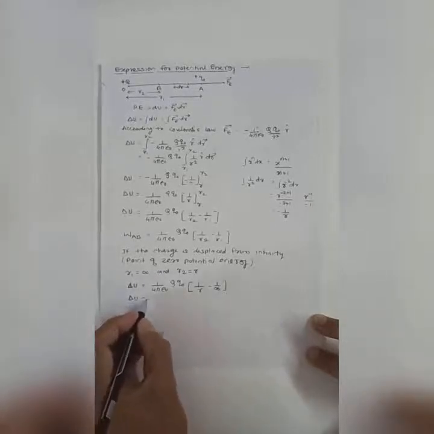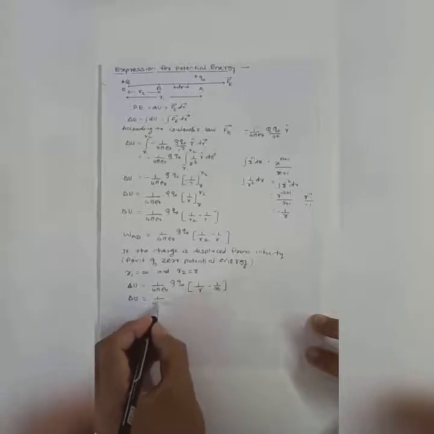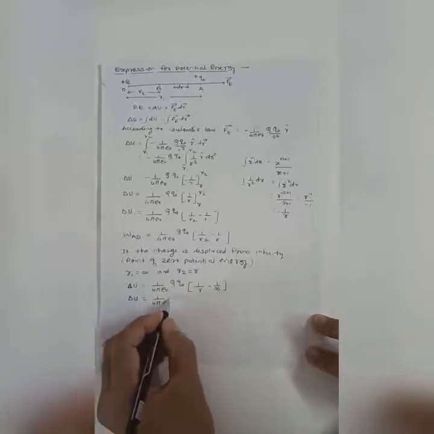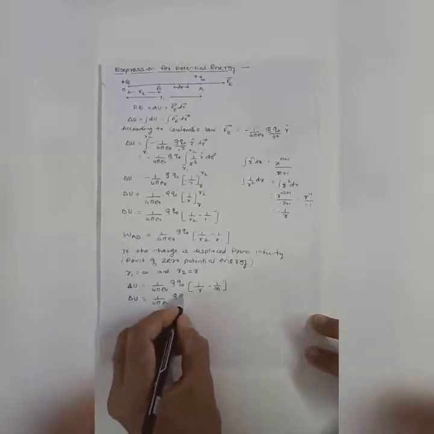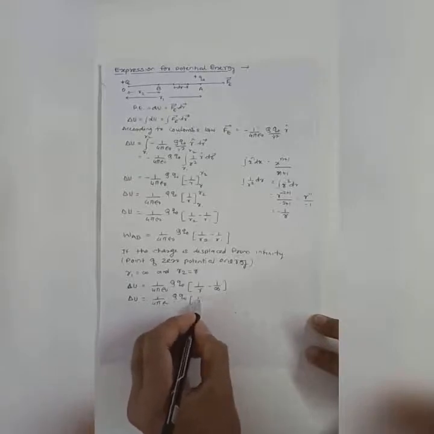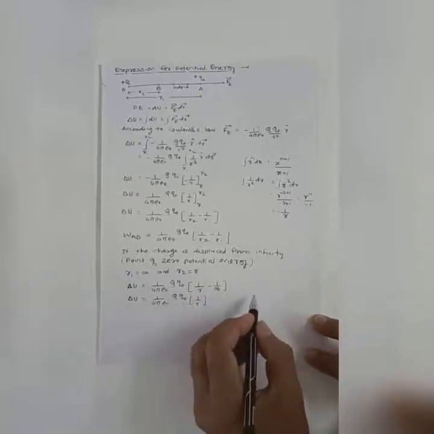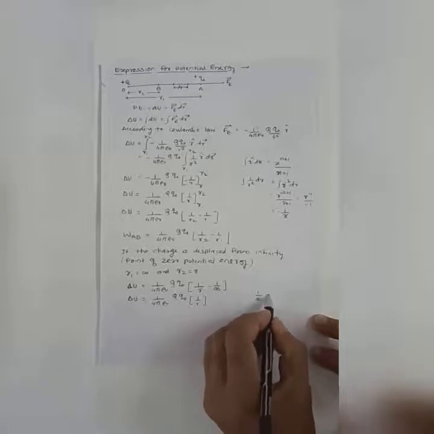So delta U is equal to 1 upon 4 pi epsilon 0 Q Q0 in bracket 1 upon R, because 1 upon infinity is equal to 0.